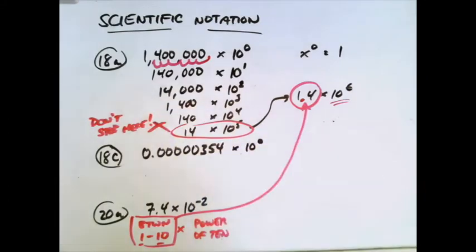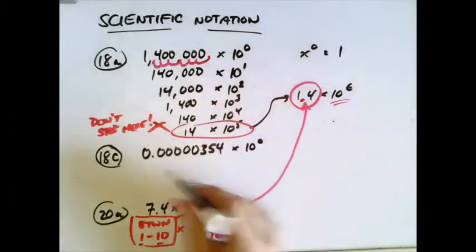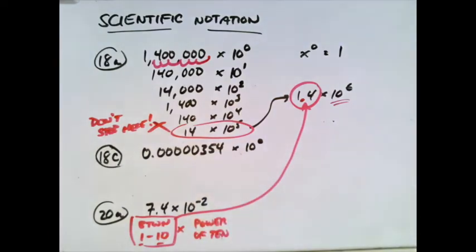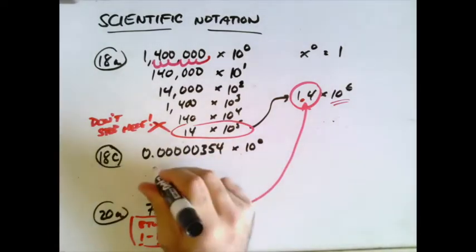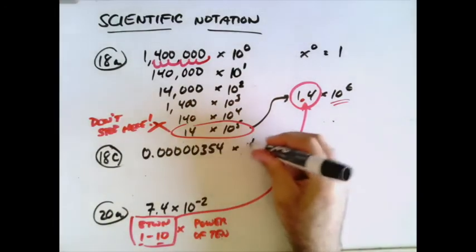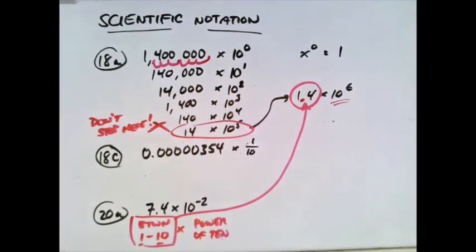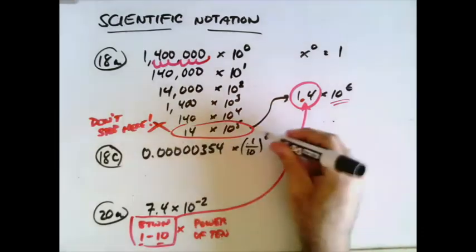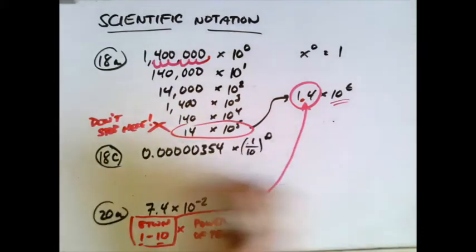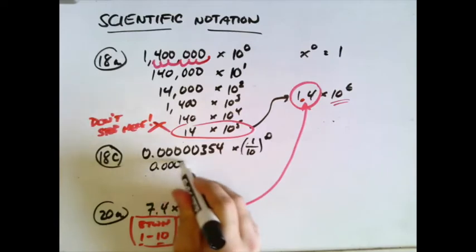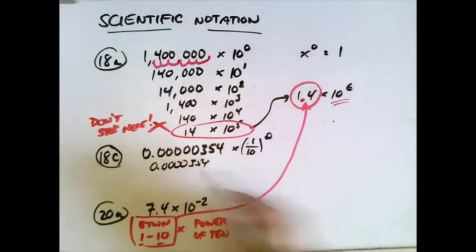Which means if I start like this, I am going to have to multiply this by 10, which means dividing that by 10. And so in other words, I'm going to try it a slightly different way here. I'm going to write it this way, times 1/10. Okay? Although admittedly that was originally 1/10 to the 0. Okay? And so if I now multiply this by 10, so I'm going to get rid of one of those zeros.